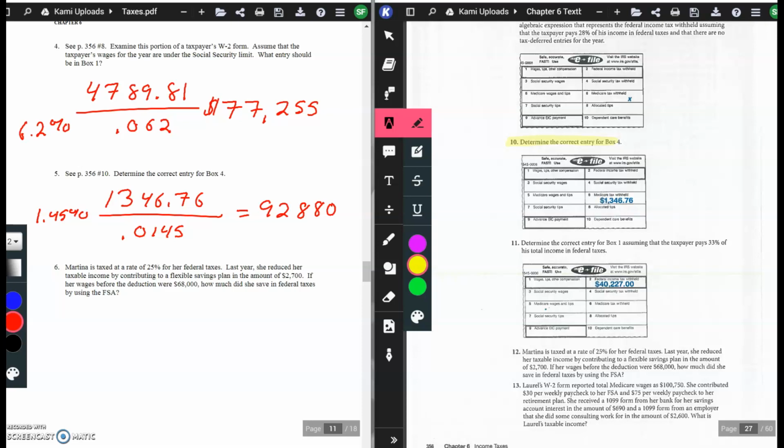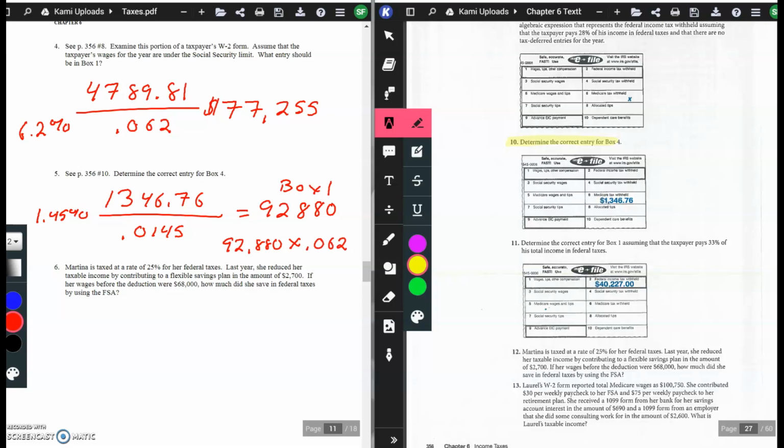Okay. Now it's looking for box 4 in this case. Okay. So box 1, this is box 1. All right, but box 4 is asking us for our Social Security tax withheld. So we have to take our wages in box 1, which is $92,880. That's our wages. And we use the wages times our Social Security rate to find out how much Social Security is withheld. So $92,880 times Social Security, remember, is 6.2%. So times 0.062.